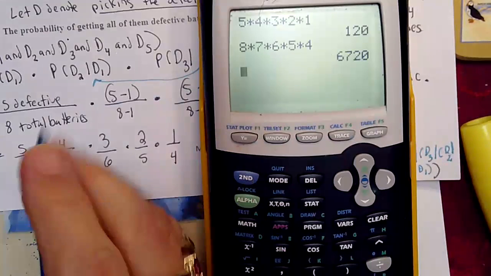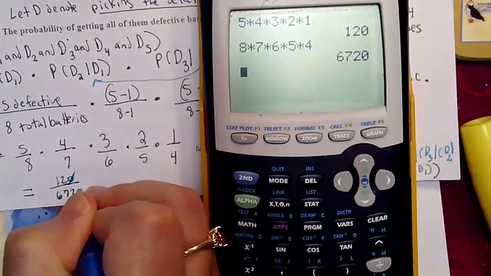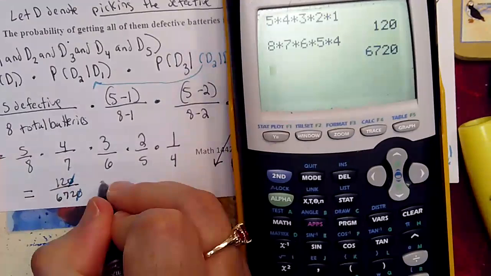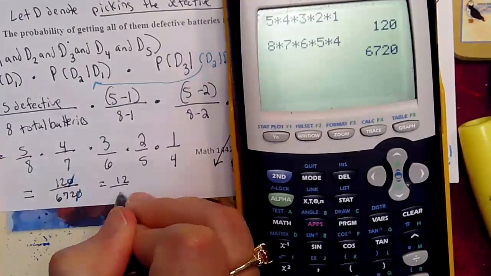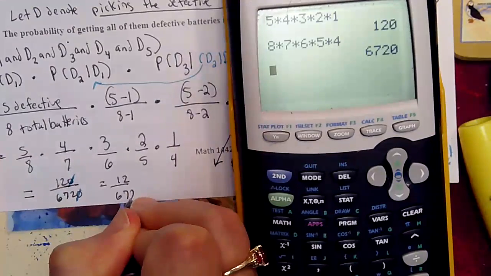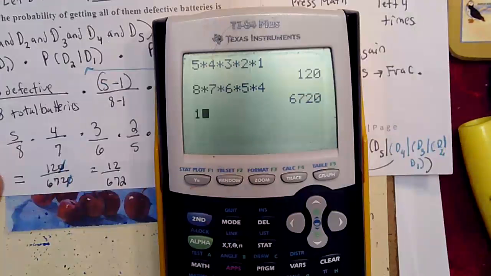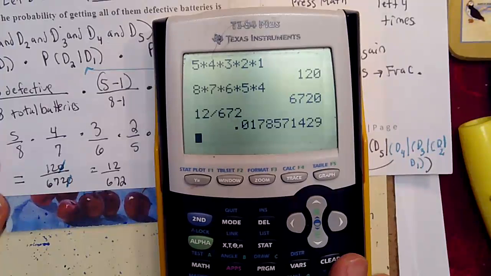And these zeros, you can cross out these zeros. They're divisible by 10. For every zero you can knock out. So that already can be reduced to 12 over 672. And if I get the decimal out of that, 12 divided by 672, here's your decimal equivalency.